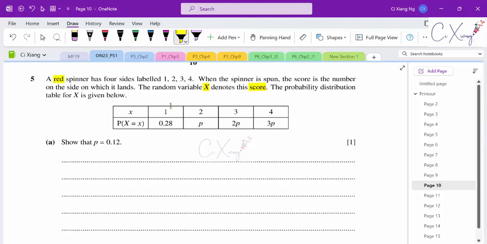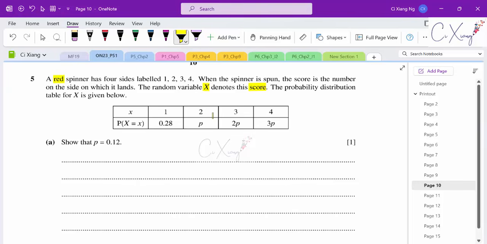And you can see from the probability distribution table given here that the probability of getting every single score is different. That means this is not a fair spinner. Alright, so when x equals 1, the probability of getting it is 0.28. So x equals 2, the probability of getting it is p, and so on. So from here it can be seen very clearly that it is not a fair spinner.